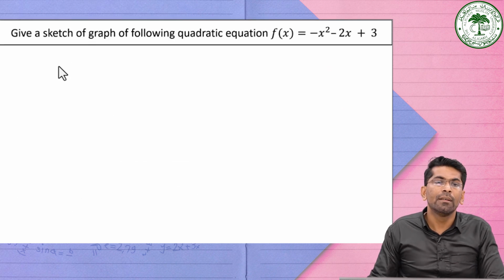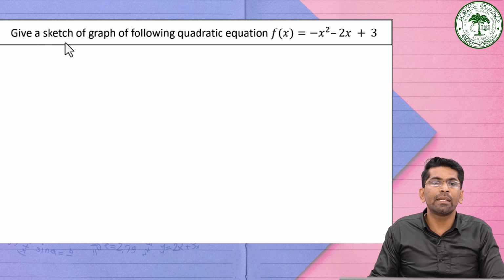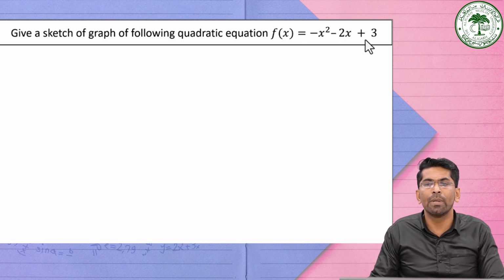Consider an example: give a sketch of the graph of the following quadratic equation, f of x is equal to minus x square minus 2x plus 3. So we want to find the graph of the quadratic equation given by f of x equal to minus x square minus 2x plus 3.